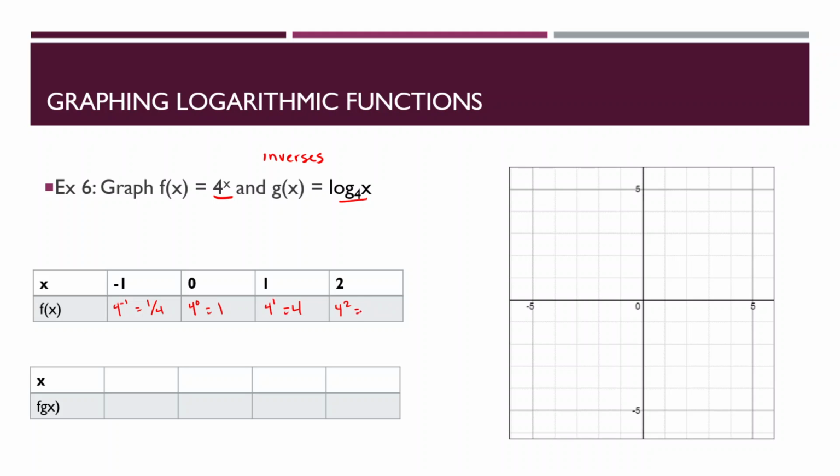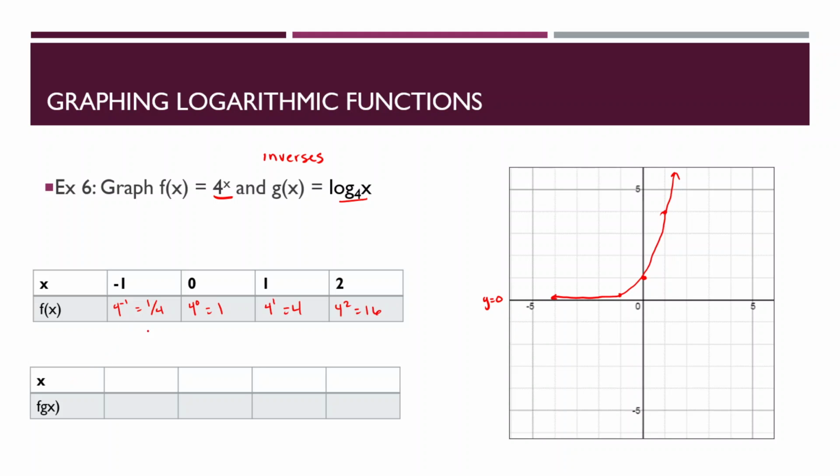And 4 squared is 16. So if I plot those points, I get this graph here. y equals 0 is its horizontal asymptote.